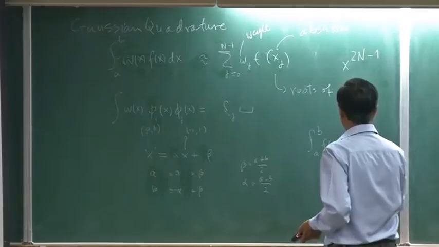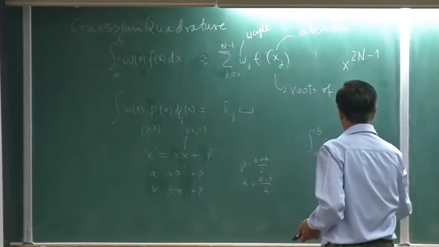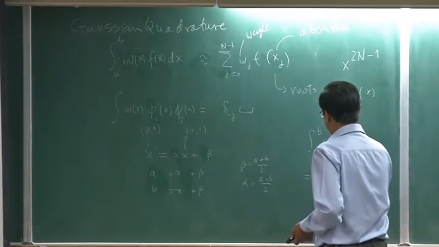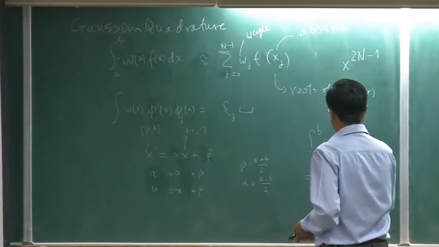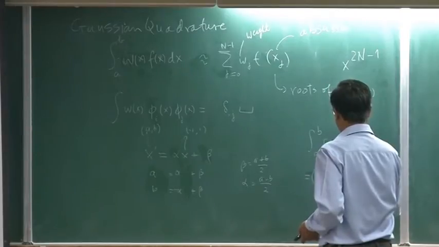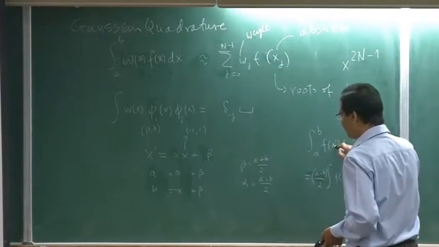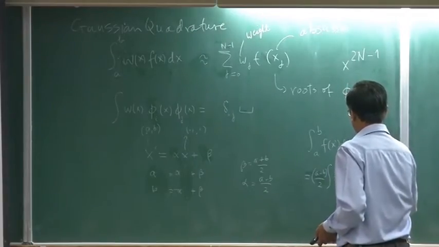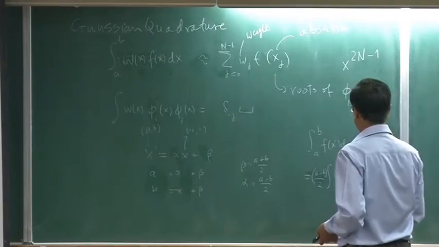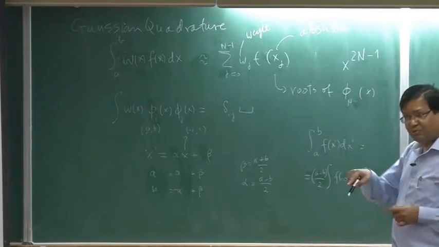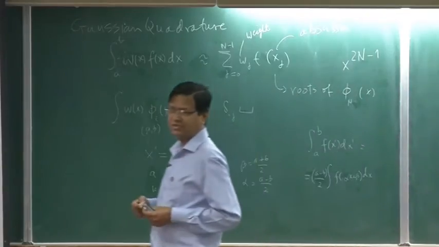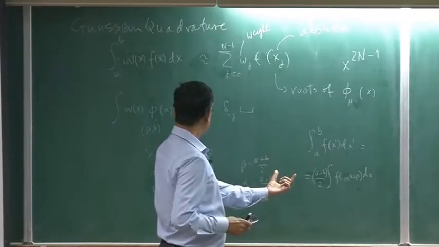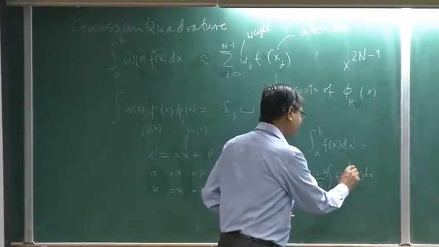So this is alpha dx, and f of x prime, which is going to be alpha x plus beta. But you have to compute at those corresponding values, where x will be going from minus 1 to 1.